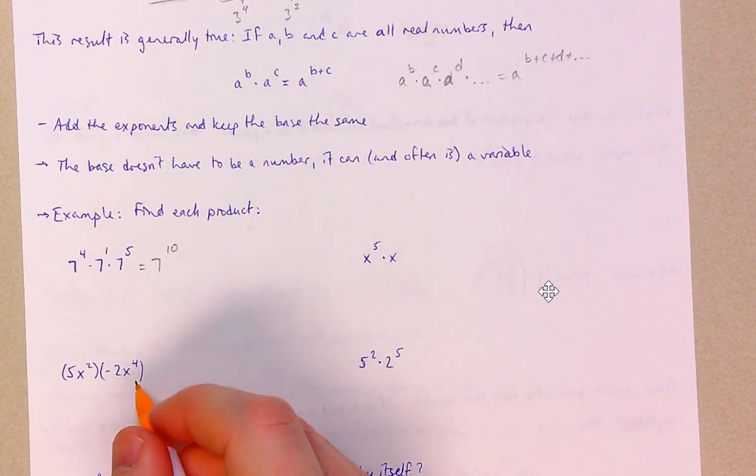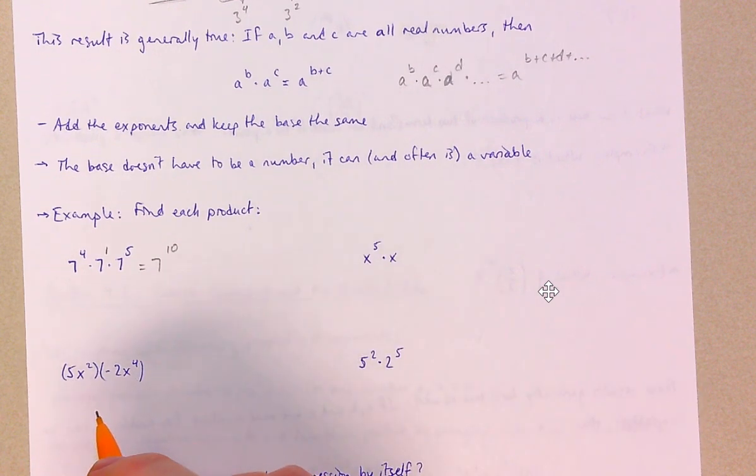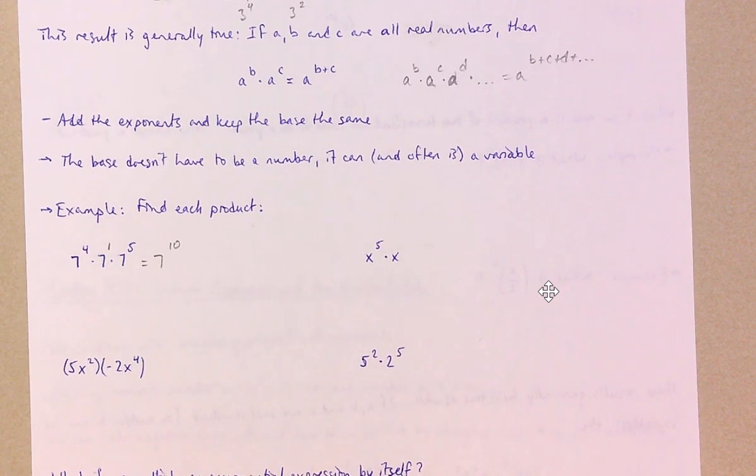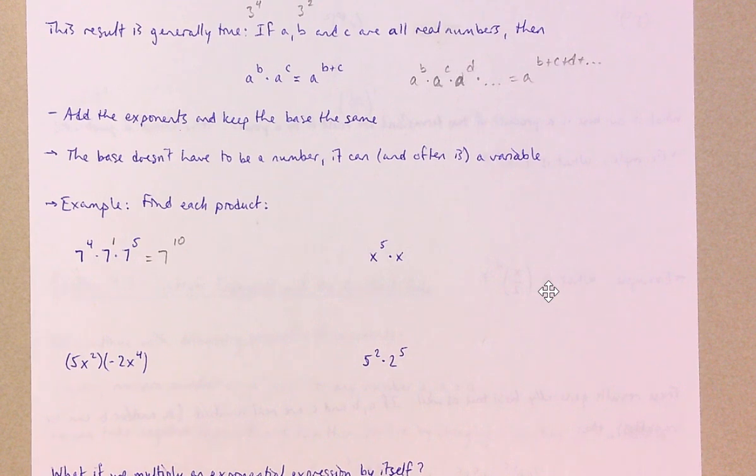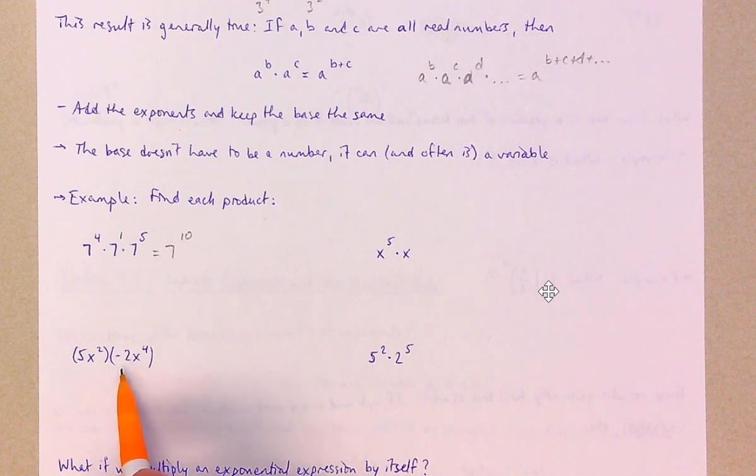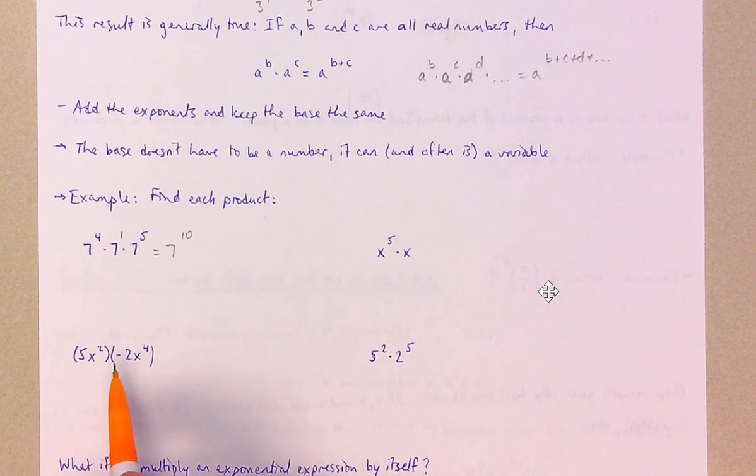Let's go to the next one here: 5 times x squared times negative 2 times x raised to the 4th power. This is something we're going to be doing a lot of later on in this chapter, in the rest of this course, and then in subsequent math courses. So how do you multiply things where you have a variable as your base, and then you have numbers in front of that exponential expression?